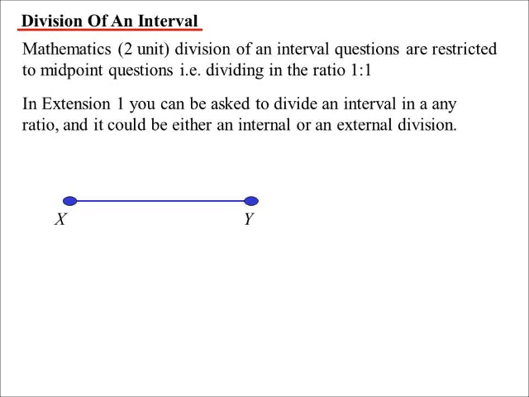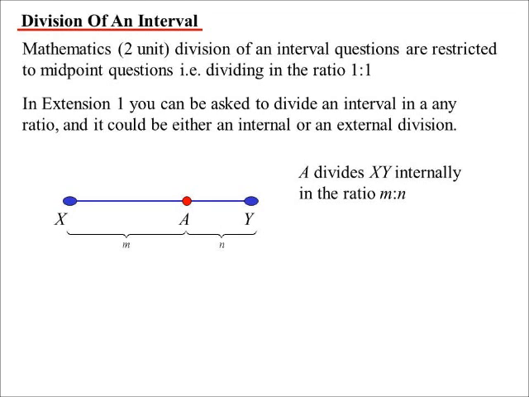Here's an interval XY. Now, if I plot a point, there it is, A, somewhere in between X and Y, I could say A divides XY internally, because it's in between X and Y. So we say it's internally divided in the ratio m to n. That means from A to X is m parts, and from A to Y is n parts.